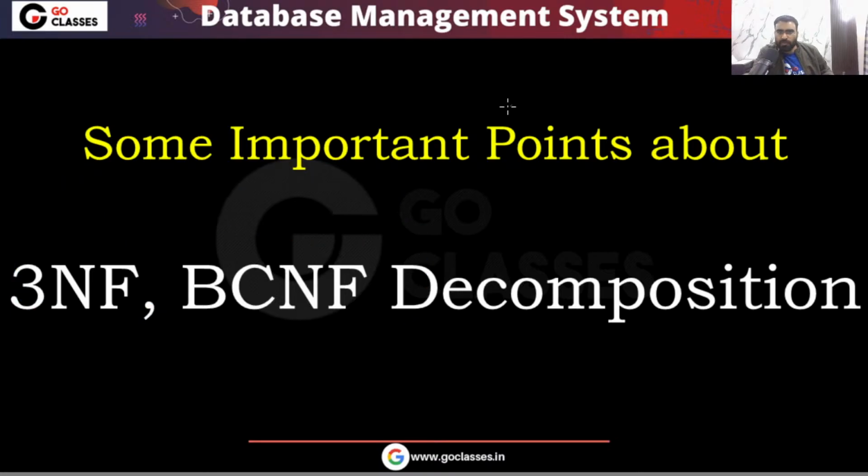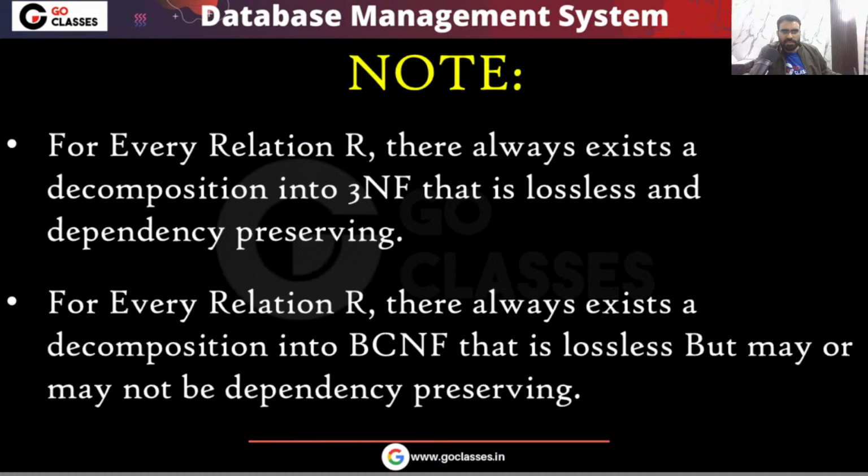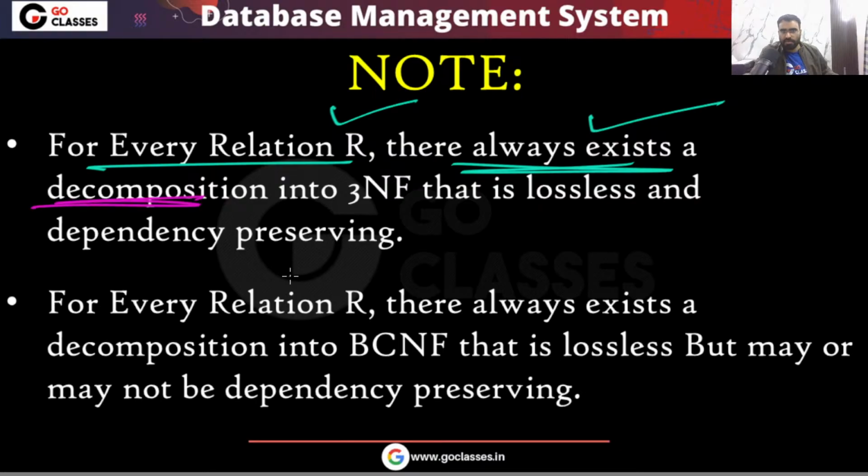From these important points the questions have come in the GATE exam. Okay, so let's see some important points regarding 3NF decomposition and BCNF decomposition. This is the important point. For every relation, whatever relation R you take, there always exists at least one decomposition which is 3NF and lossless and dependency preserving.